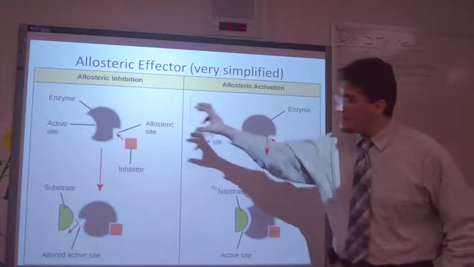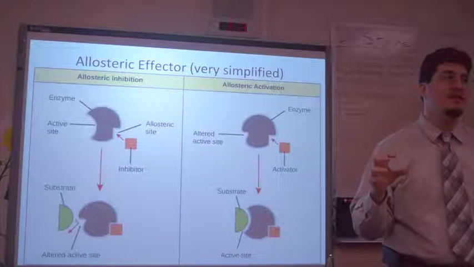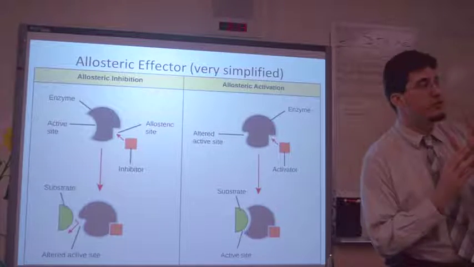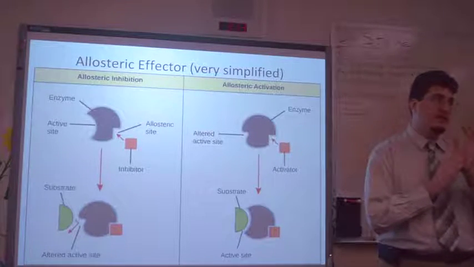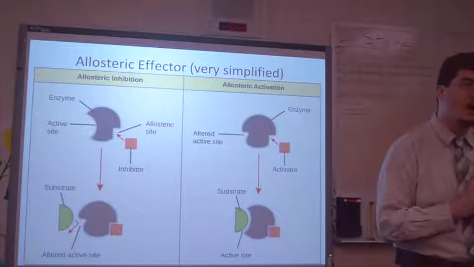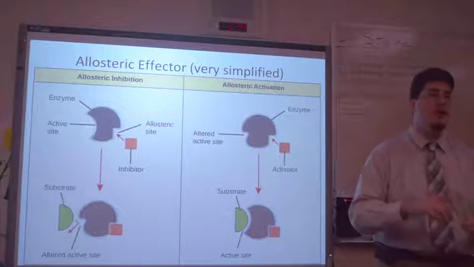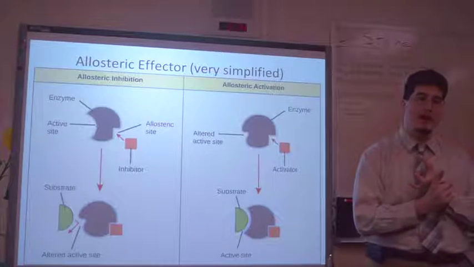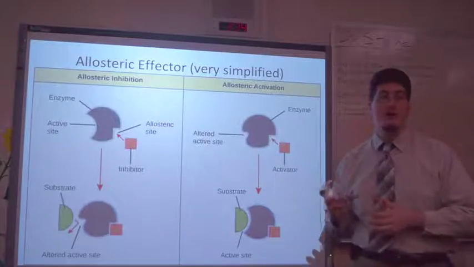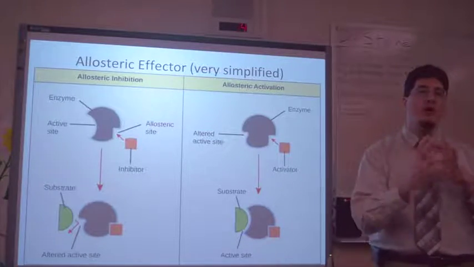This inhibitor or activator attaches to the allosteric site, and through the interaction of its bonds with the bonds of the tertiary structure of the protein, the three-dimensional conformation, all the same things that make up the three-dimensional shape of the protein: hydrogen bonds, hydrophilic and hydrophobic interactions, ionic bonds, all of those things. Through a combination of those effects, it shifts the overall shape within that protein.